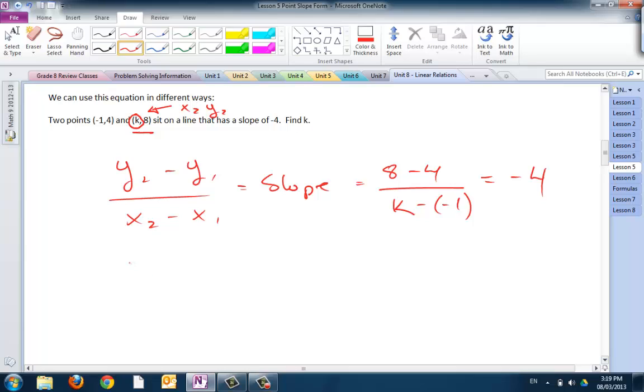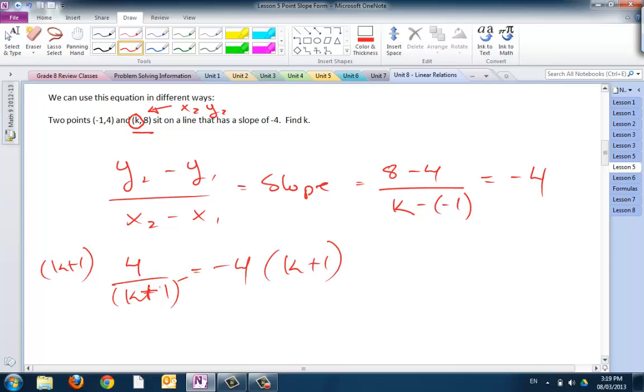So that gives me 4, because 8 minus 4 is 4, over k plus 1, is equal to -4. Now this looks like the types of stuff we were solving a couple of units ago, where we had to solve for a variable. To solve for this, I'm going to multiply both sides of the equation by k plus 1.